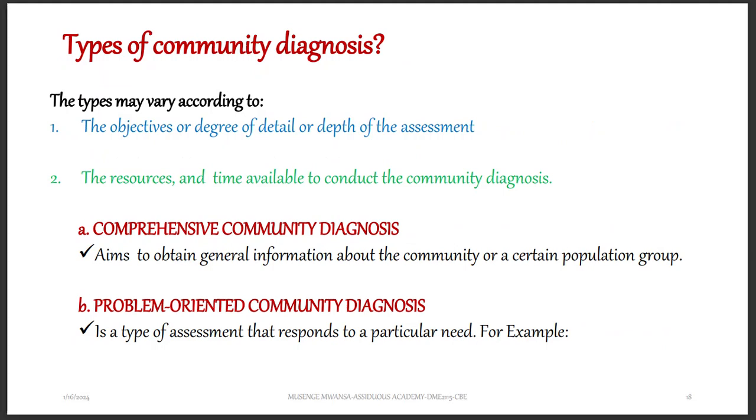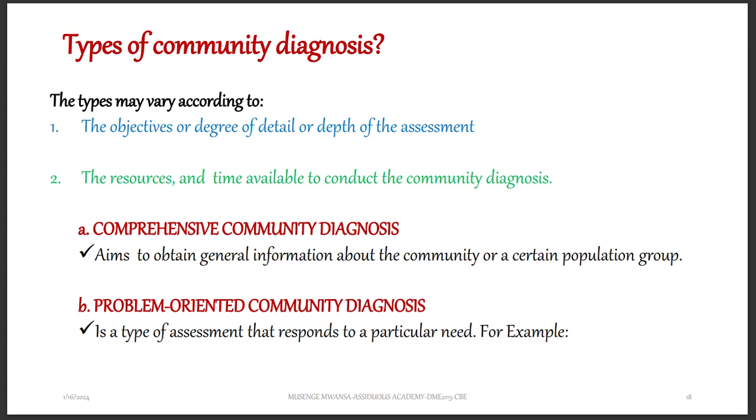Now, let's talk about the types of community diagnosis. The types are going to vary according to, first, the objectives or degree of detail or depth of the assessment. How much detail do you want to find out about the community?